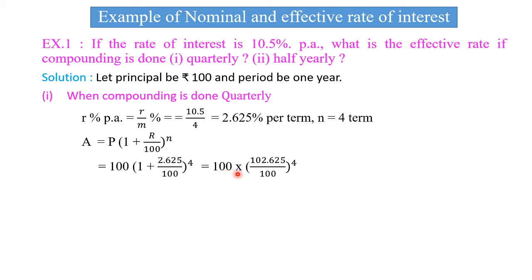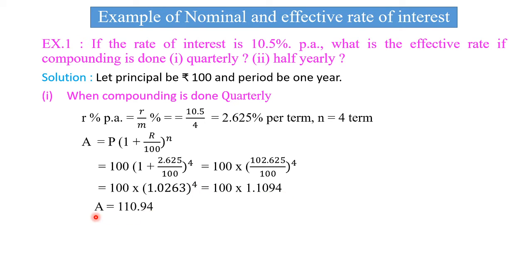Therefore 100 into 102.625 divided by 100 bracket raised to 4. After solving this, we get 100 into 1.0263 bracket raised to 4, which is equal to 100 into 1.1094.